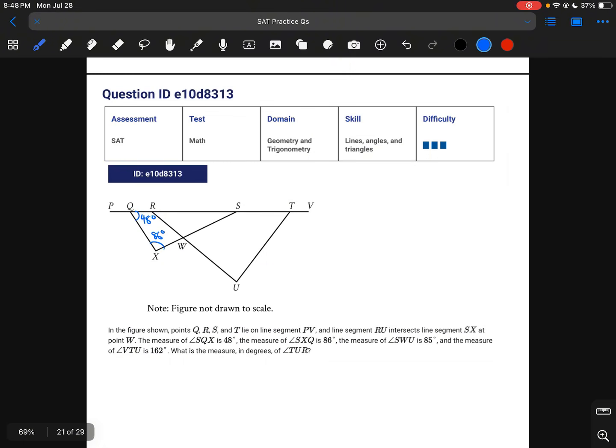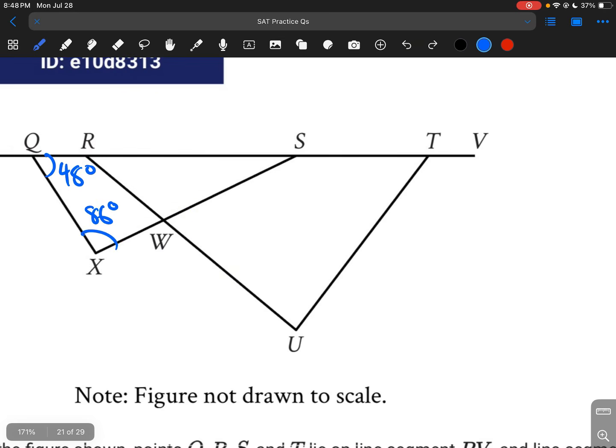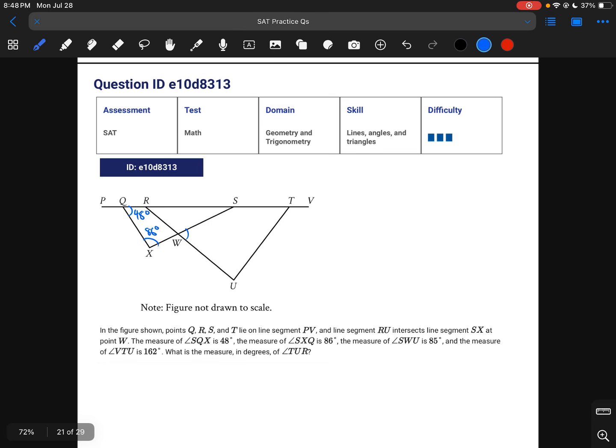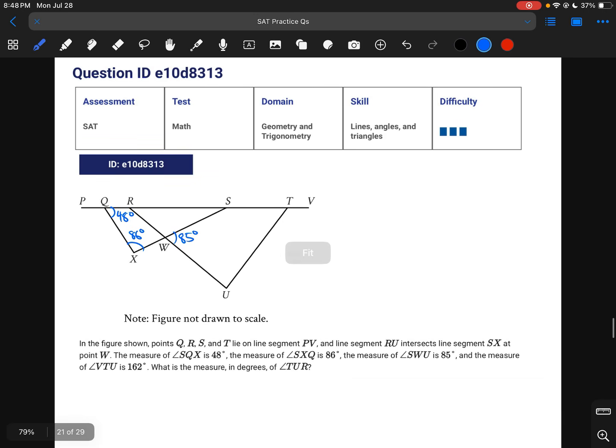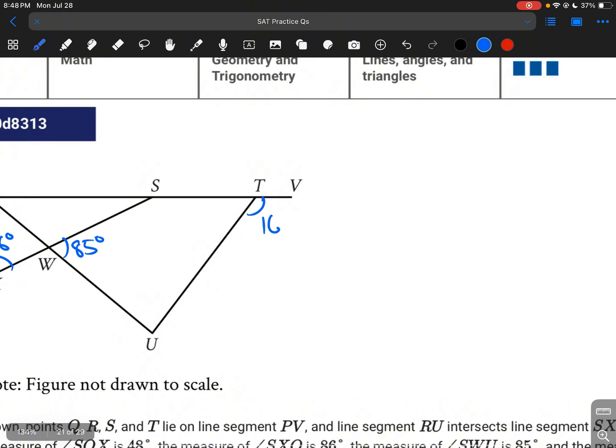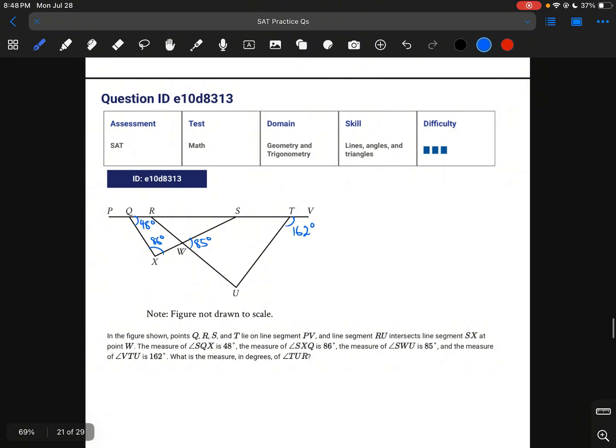And SWU, so S to W to U, this one right here, is given as 85 degrees. And VTU, this guy here, is 162 degrees. What is TUR? So we're looking for this guy.